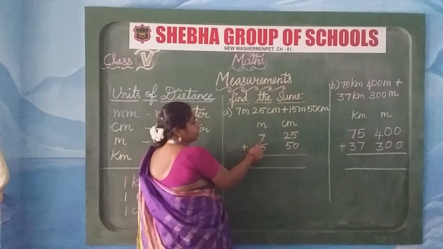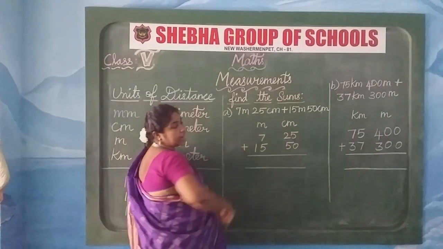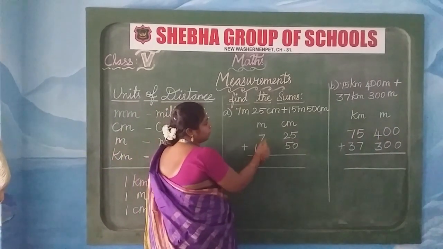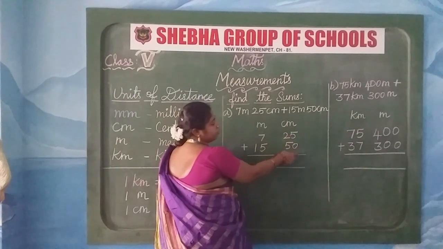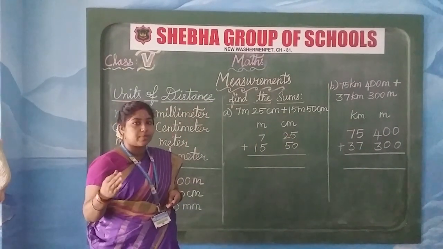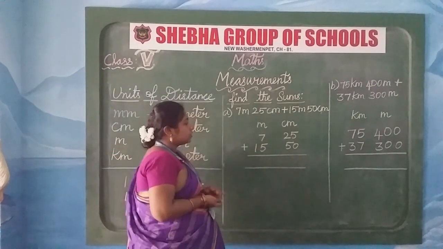So 7 meter 25 centimeter. Then plus means addition. We are going to do the addition operation here. 15 meter 50 centimeter. As we do addition from the ones place value, we have to do the same thing in this sum, okay, children.